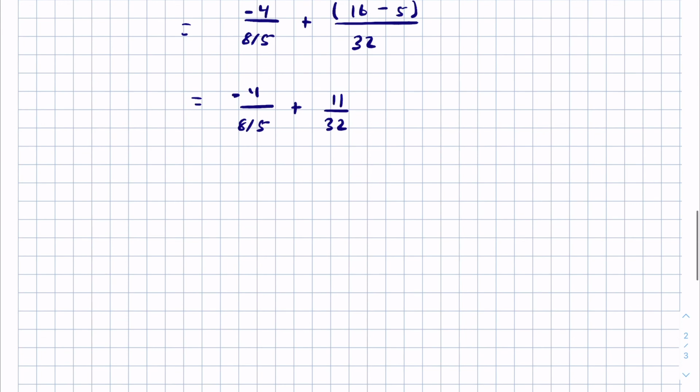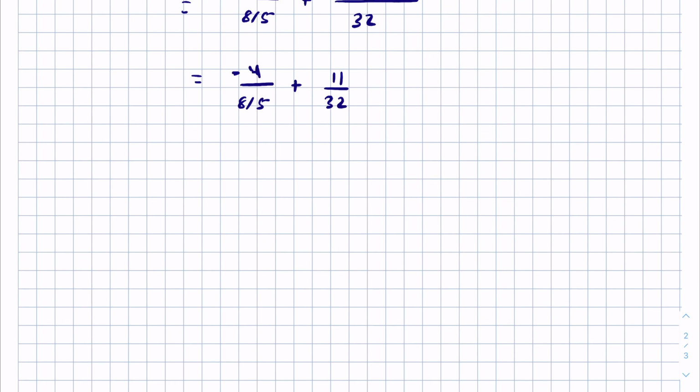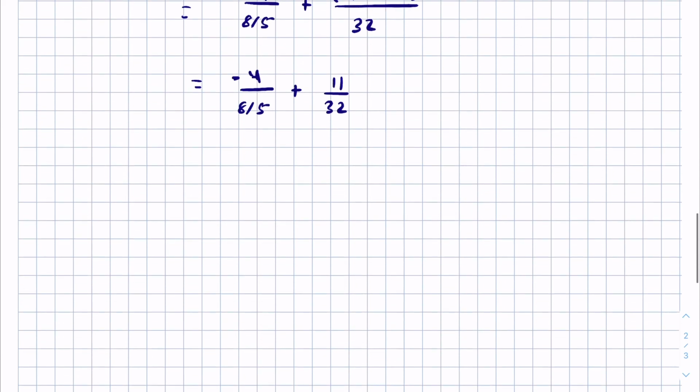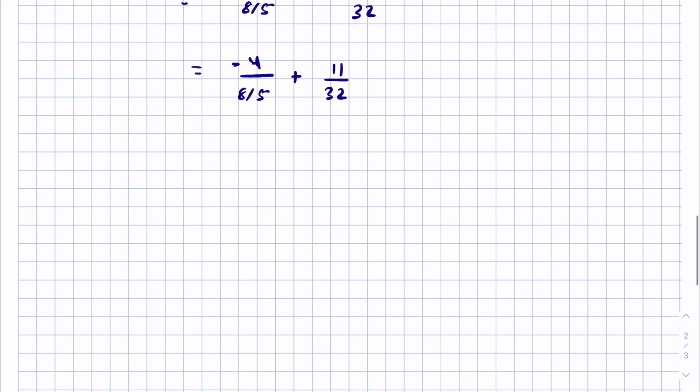And now we have a fraction division problem, negative 4 divided by 8/5. I'm going to turn this into a multiplication problem by flipping the fraction in the lower part. So instead of negative 4 divided by 8/5, I'm going to say negative 4 times 5/8.